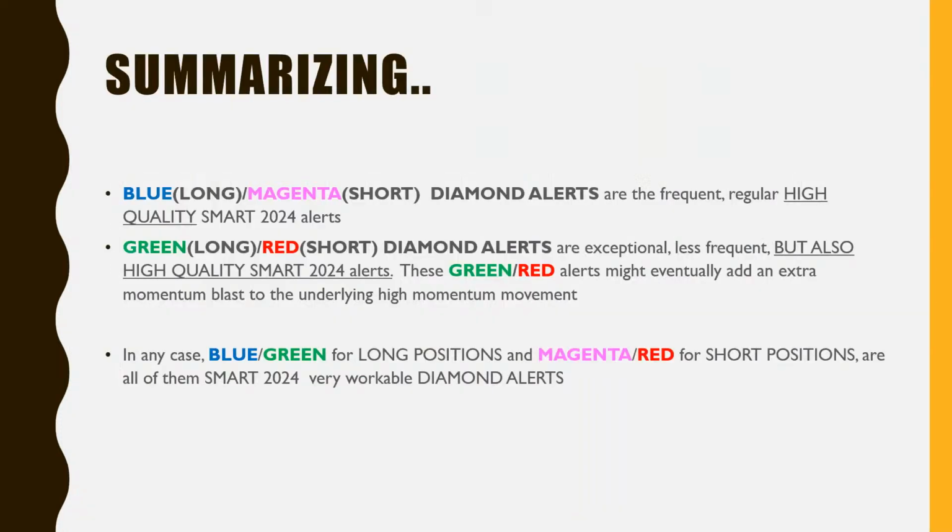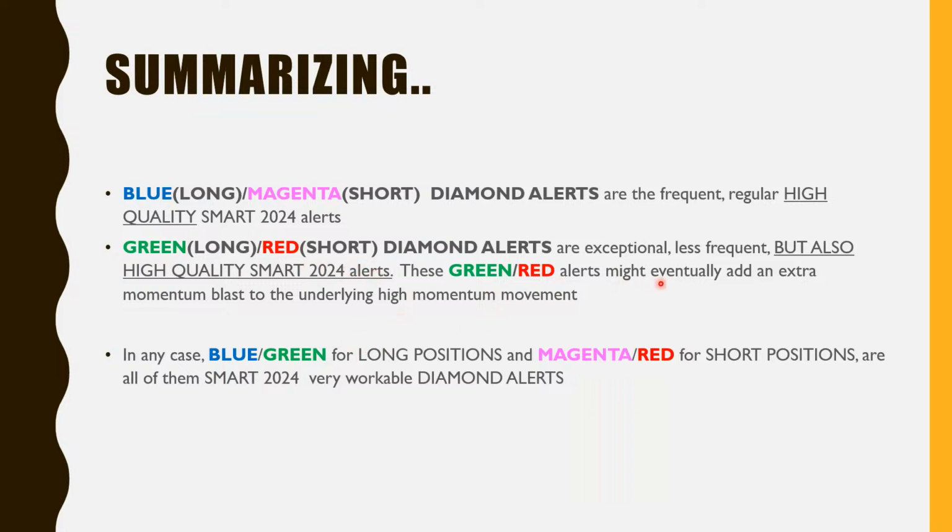Summarizing, blue for longs or magenta for shorts diamond alerts are the more frequent and regular high quality SMART 2024 alerts. The green for long and red for short diamond alerts are exceptional, less frequent, but also high quality SMART 2024 alerts.